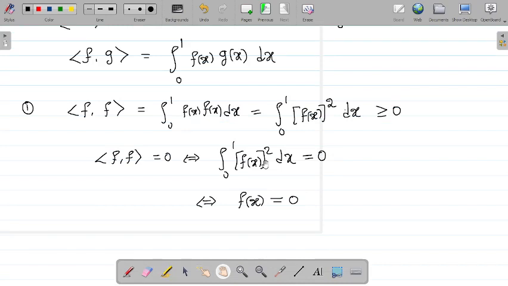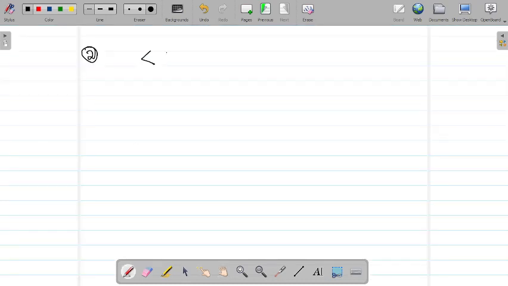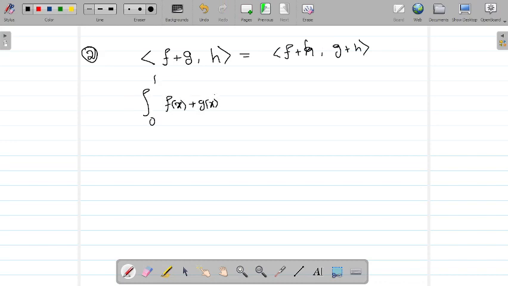And let me check the next condition. So what is the next condition here? ⟨f plus g, h⟩ must be the same as ⟨f, h⟩ plus ⟨g, h⟩. So let me check. This is nothing but integral 0 to 1 f of x plus g of x into h of x. But we know one thing, integral is a linear operator.